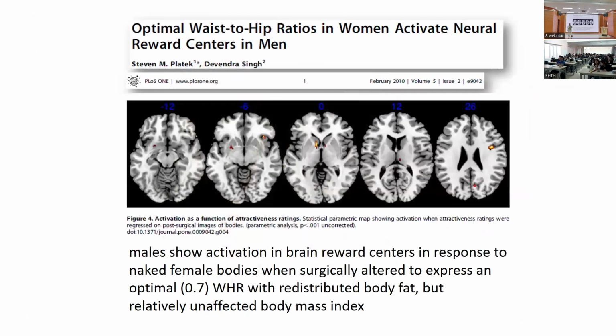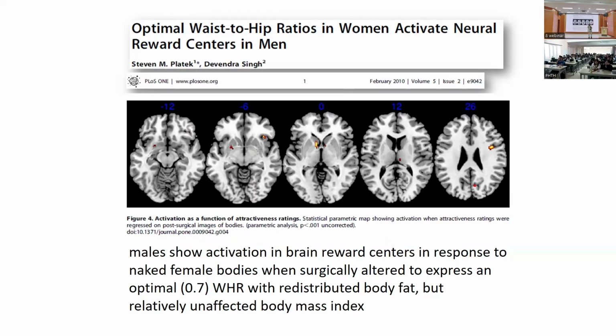So Devendra was criticized by the French, but before he died, because he died recently, he was able to replicate his experiment using functional magnetic resonance, and he won because he published in PLOS ONE that when the male brain is looking at a female body close to 0.7, the reward areas of the brain, the dopaminergic areas of the brain, are lighting up.